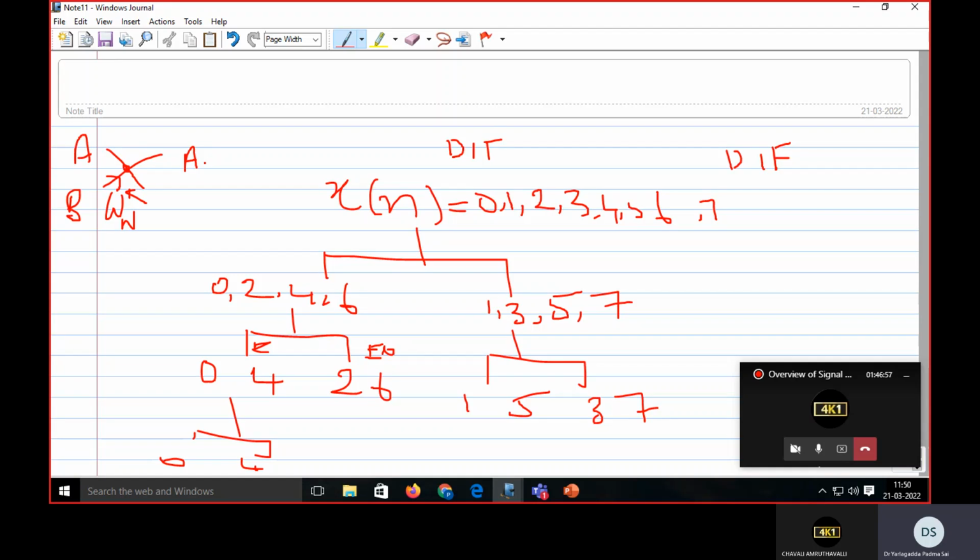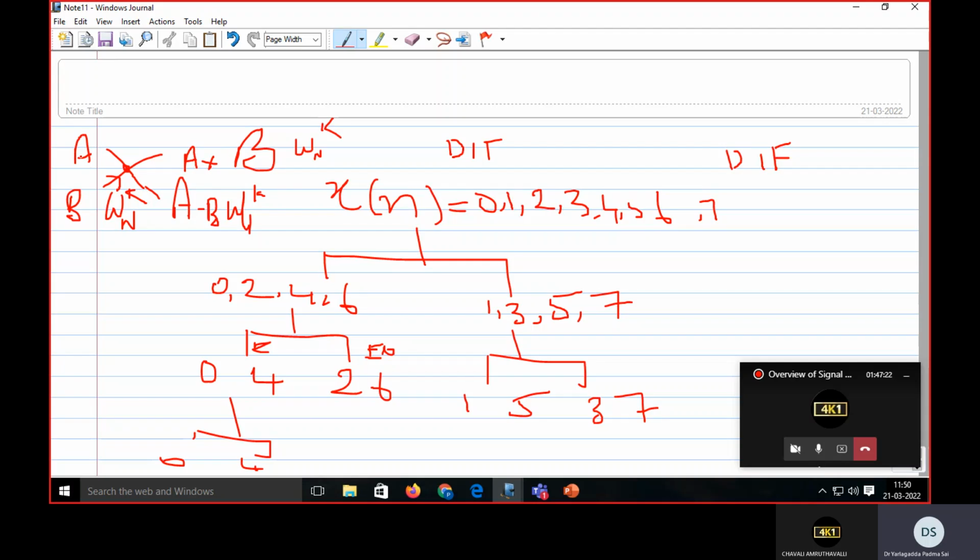This output is A plus B into omega nk. Similarly, this is A minus B into omega nk. This is the entire concept.